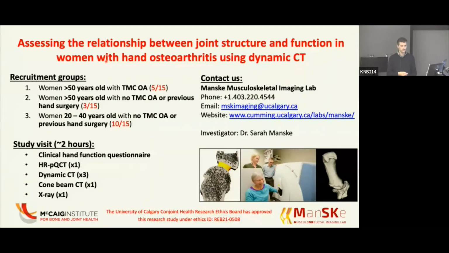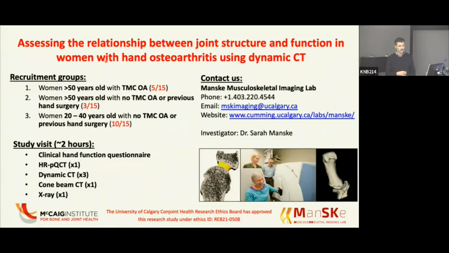Can you explain to me how you are going to do that? How we're going to quantify the joint angles? No, let's assume you have joint angles. How are you going to understand osteoarthritis better by knowing the joint angle?